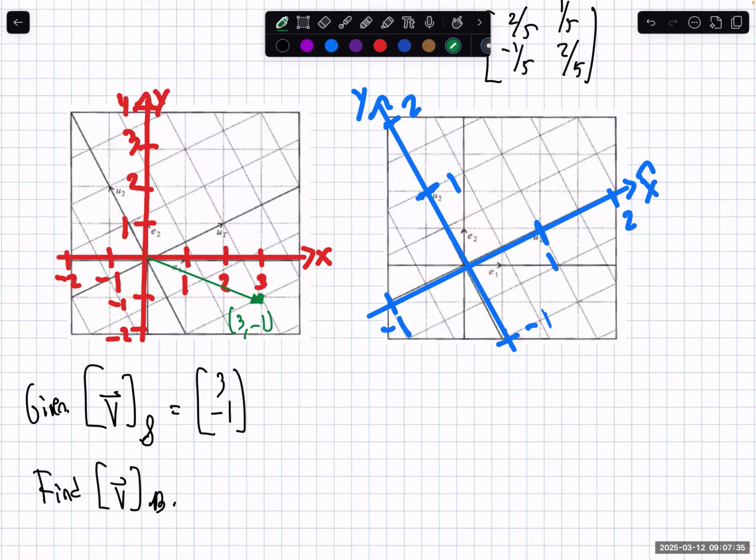Take it over here. In this new coordinate system, that's (1, -1).